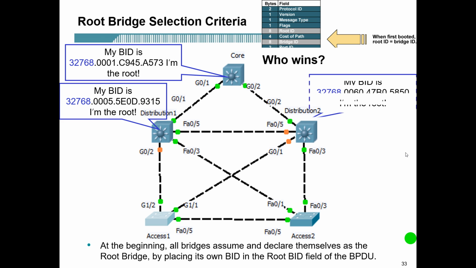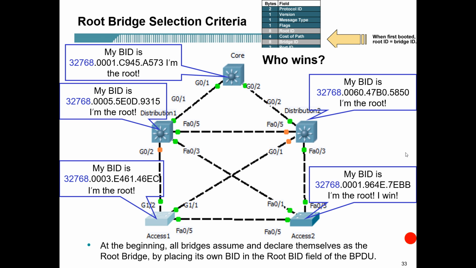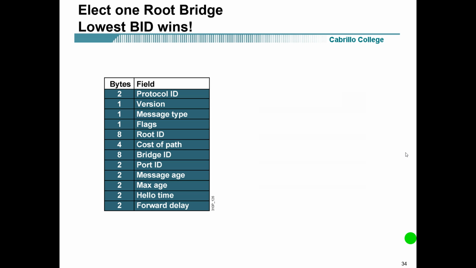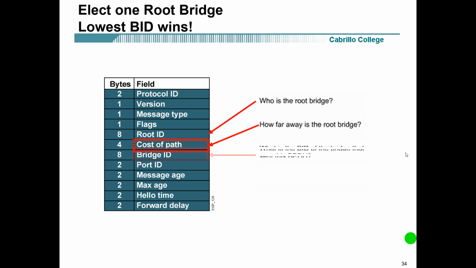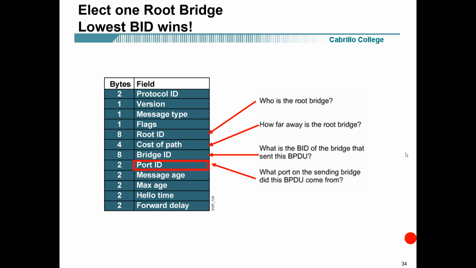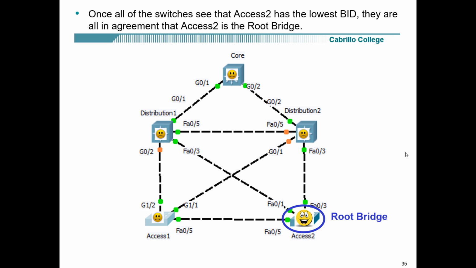So they will all come in stating that they are the root. But again, it will actually look at the different fields of that configuration BPDU to figure out that access 2 is the root bridge.